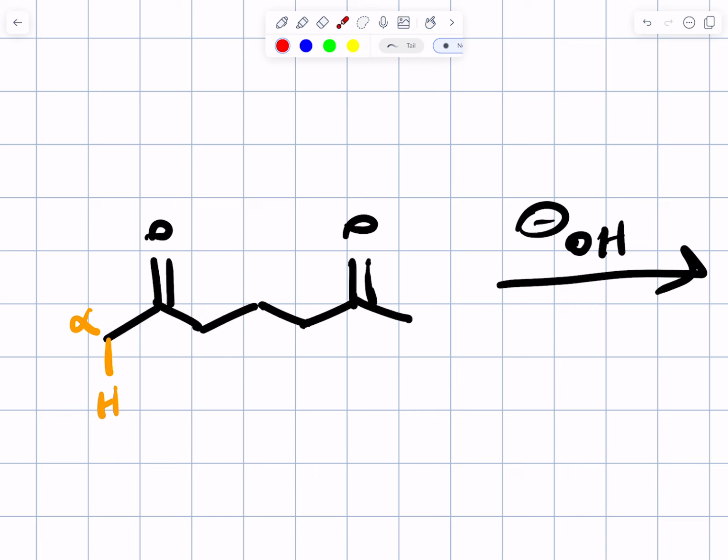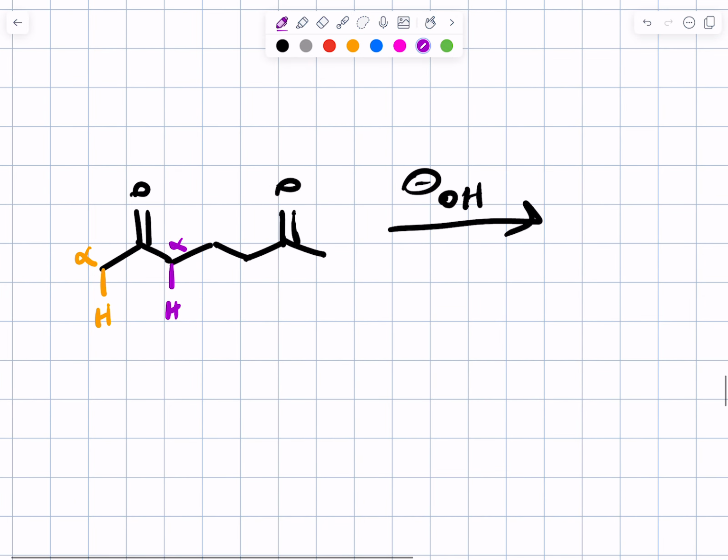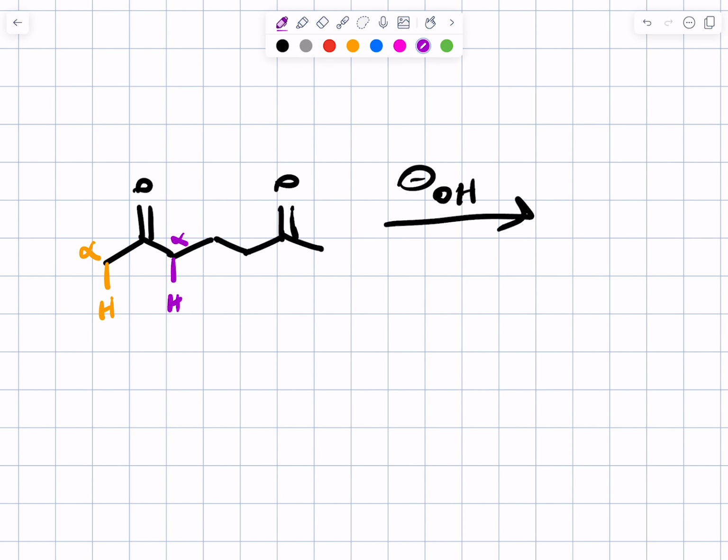But here we do need to worry about which alpha proton is going to be removed. And some of you are sorely tempted to apply what you learned in chapter 17 about thermodynamic versus kinetic enolates. But I have a message for you.